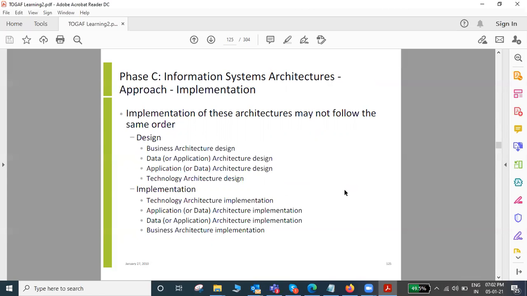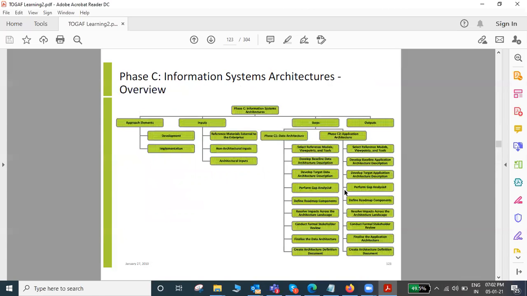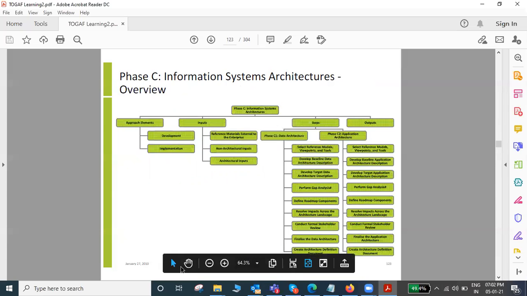So, okay, information systems architecture approach implementation. So I think we are here, 1, 2, 3. Wait a second.